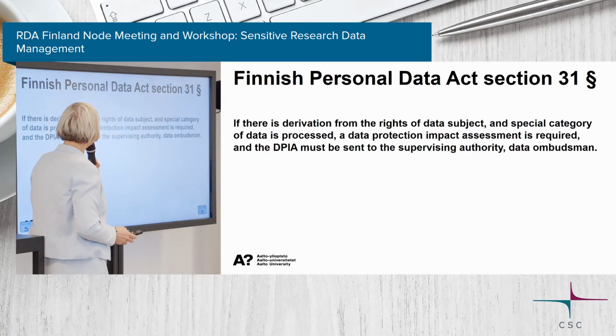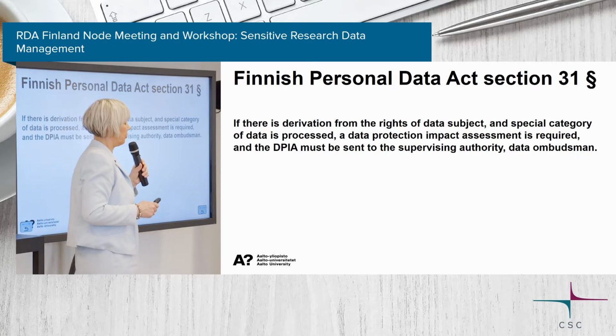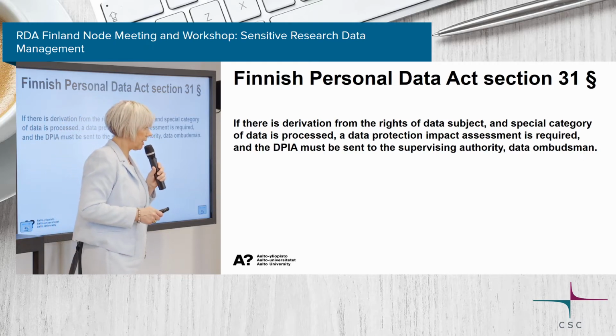Then there are rules on derogation from the rights of the data subject, and if you process special category data you can take away some of the rights of the data subjects, which you can do in scientific research.